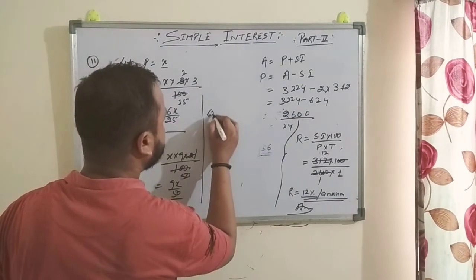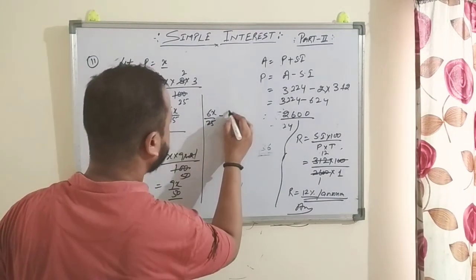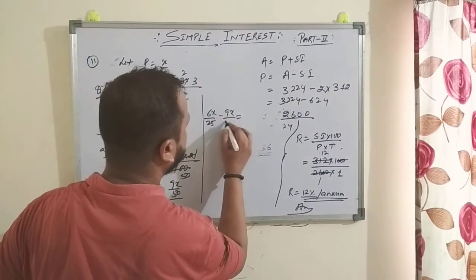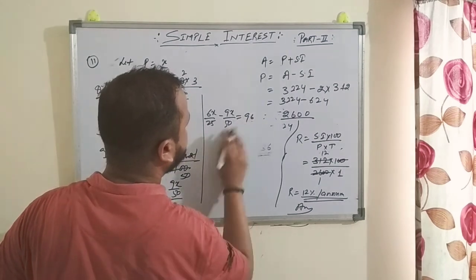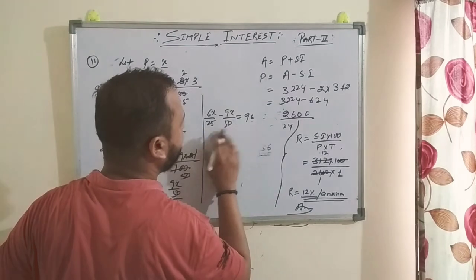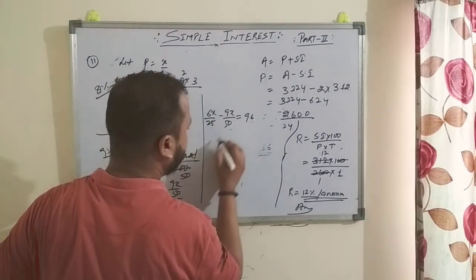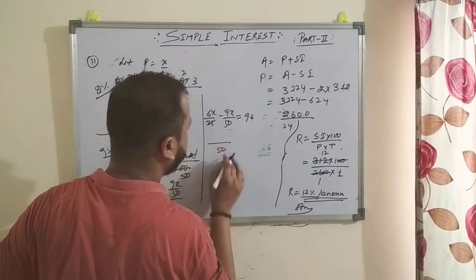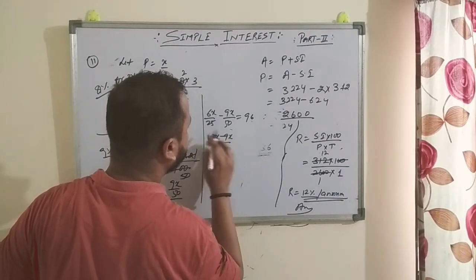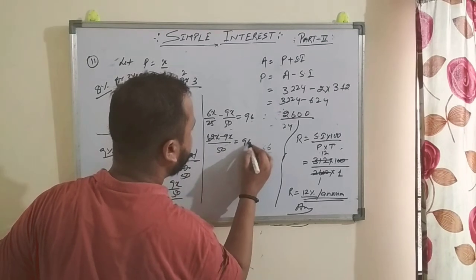So 6x by 25 minus 9x by 50, you will get 96, right? This amount is 96 rupees more, so if you subtract, then you will get the difference of 96 rupees. So take the LCM, that is 50, 25 2s are 50, so 12x minus 9x is equal to 96.